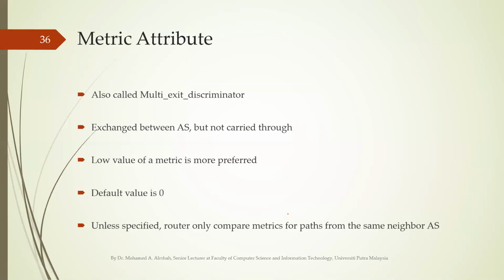A low metric value is more preferred, and the default value is 0. Unless specified, a router only compares metrics for paths from the same neighbor autonomous system. It's not going to compare across different autonomous systems.